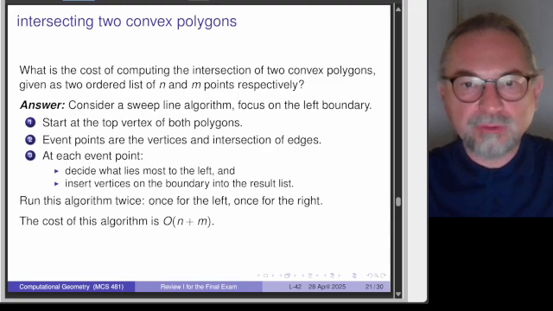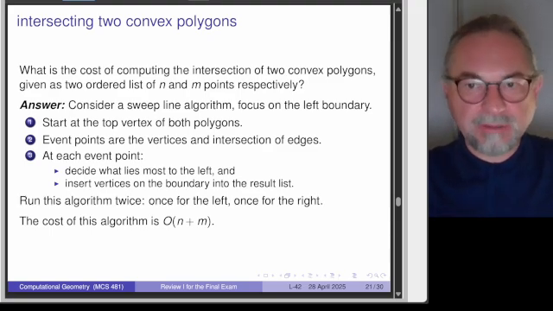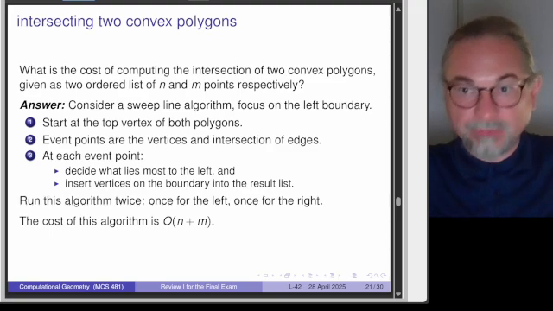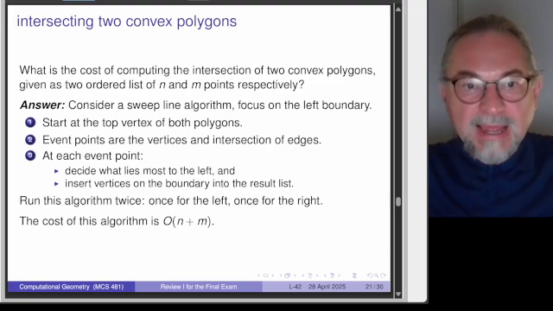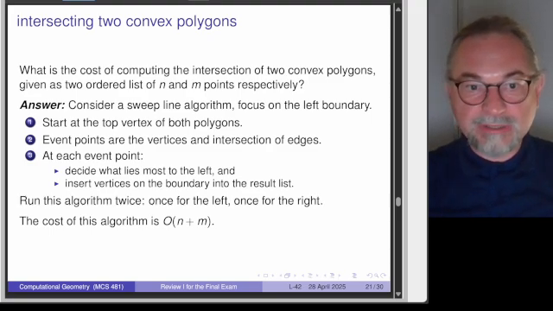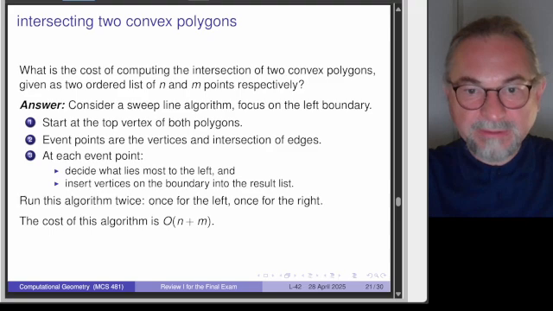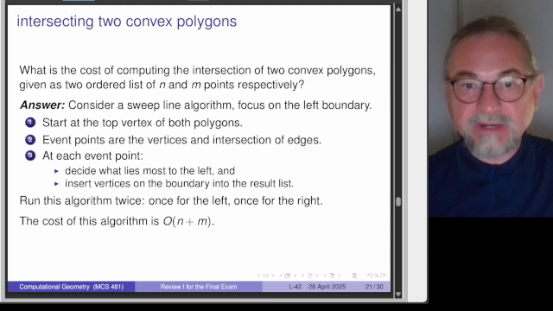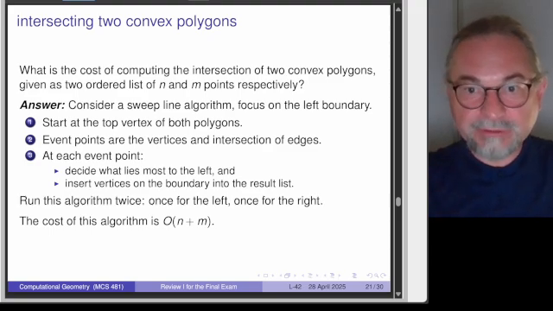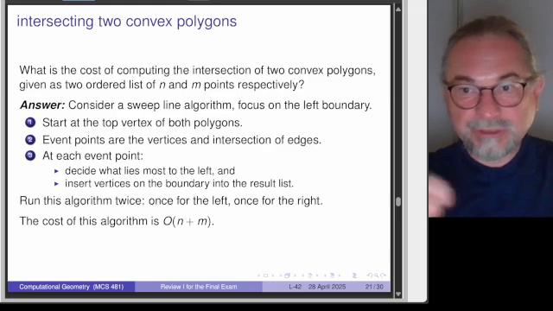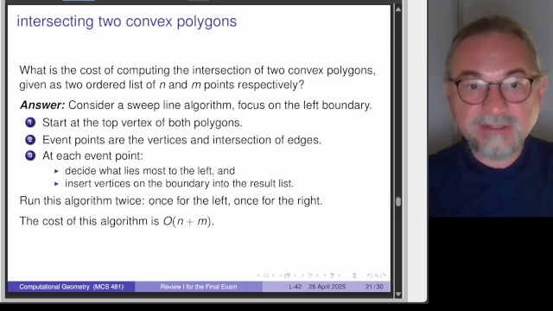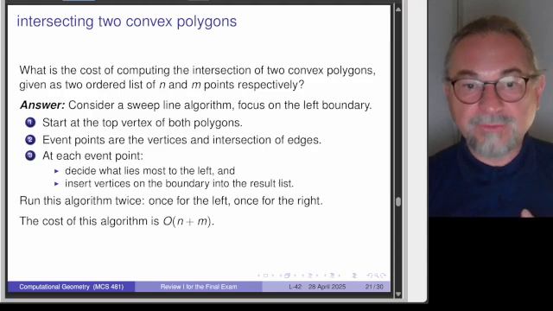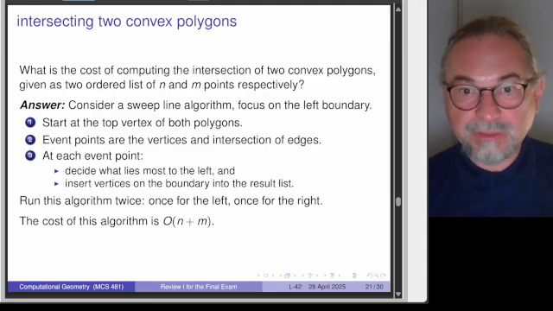In both convex polygons, we go to the highest point and then start to merge these boundaries. Every vertex is called an event point, and these points are candidate vertices, depending on which side of the edge they are lying, but we also have to compute intersection points.